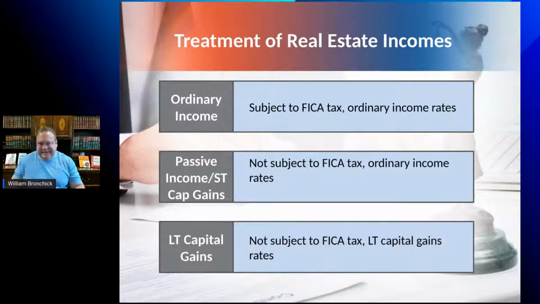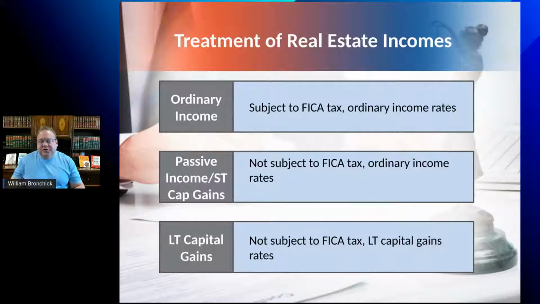The next category for IRS treatment is the passive income and short-term capital gains, which are pretty much treated the same. They're not subject to FICA tax, and they are also taxed at ordinary tax rates. So if you buy, fix, and sell a property in less than a year, it's treated not necessarily as ordinary income, although it can be, as we'll discover.